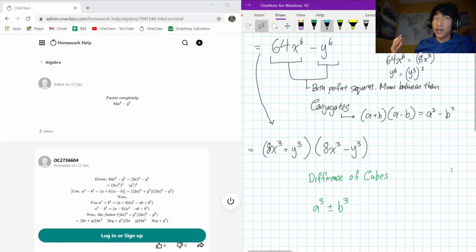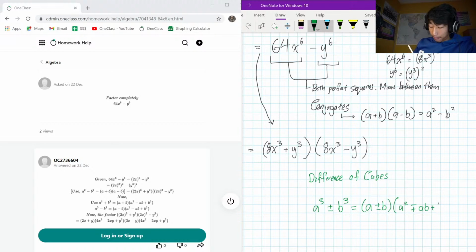It can be either positive or negative. So a cubed plus or minus b cubed is going to be a plus or minus b, multiplied by a squared minus or plus ab plus b squared. Okay, minus plus means that these have the same sign, and these have opposite.